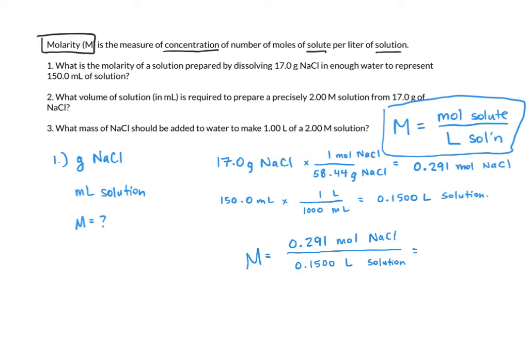Dividing these two out and keeping three significant digits, we end up with 1.94 molar. We'll read the units of molarity as molar, and we'll abbreviate that unit capital M, which means moles of solute per liter of solution. Therefore, the concentration of sodium chloride in this first solution is 1.94 molar.